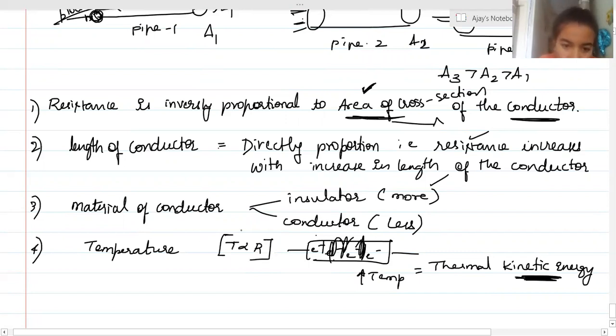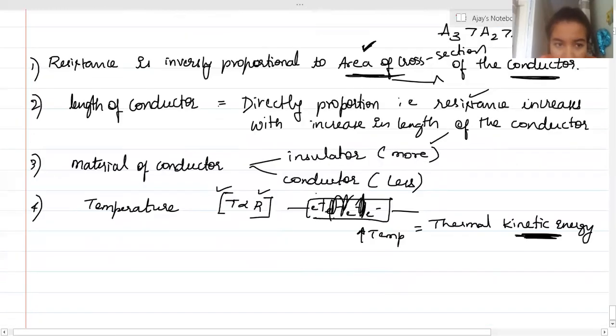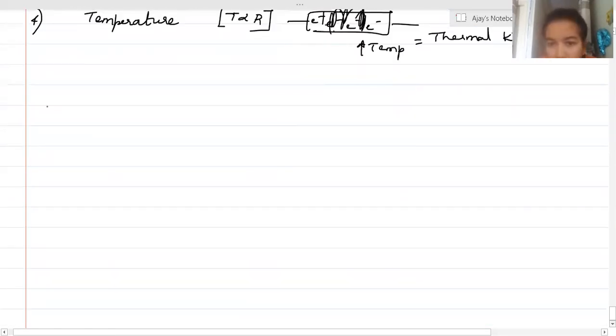The more the temperature, the more the resistance. Understood? Four properties.